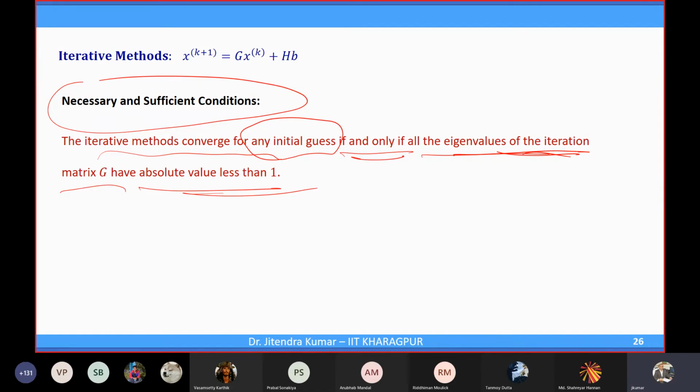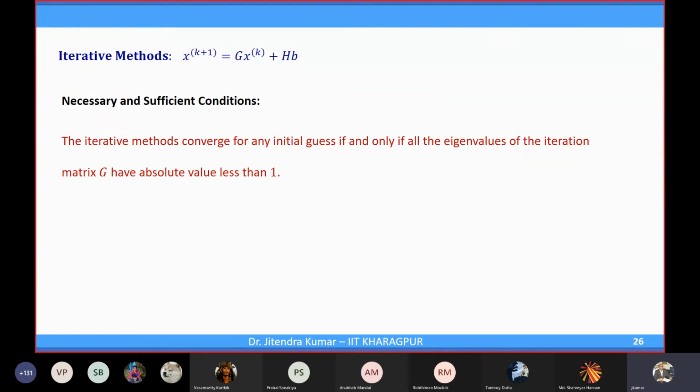And if any of those eigenvalues has absolute value greater than 1, then it will not converge. So I think all your questions got clear now, at least with this result. How this result comes about is another question. Probably I'll give you some idea, but not the complete details of this result. More important at this stage is whether you understand this or not. Did you get the point? How to check the convergence, whether the given method will converge for the given problem or not?